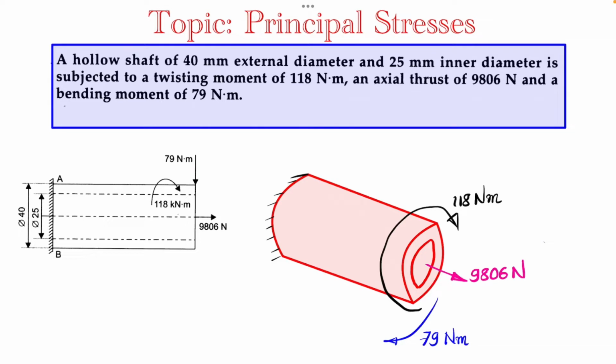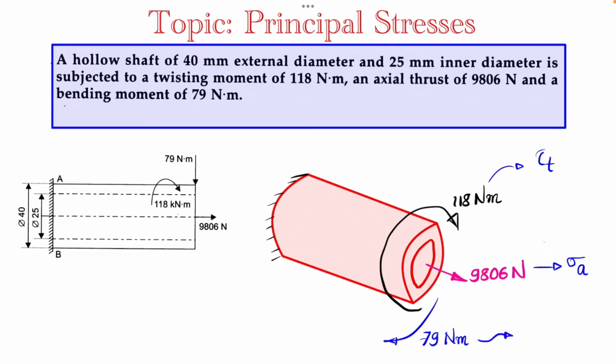So for this loading we have to evaluate where the critical point is located, and for that point we need to evaluate the principal stresses. This axial force will be creating axial normal stress sigma A. This torque will be creating torsional shear stress tau T. Both of these components we have seen in the previous video.